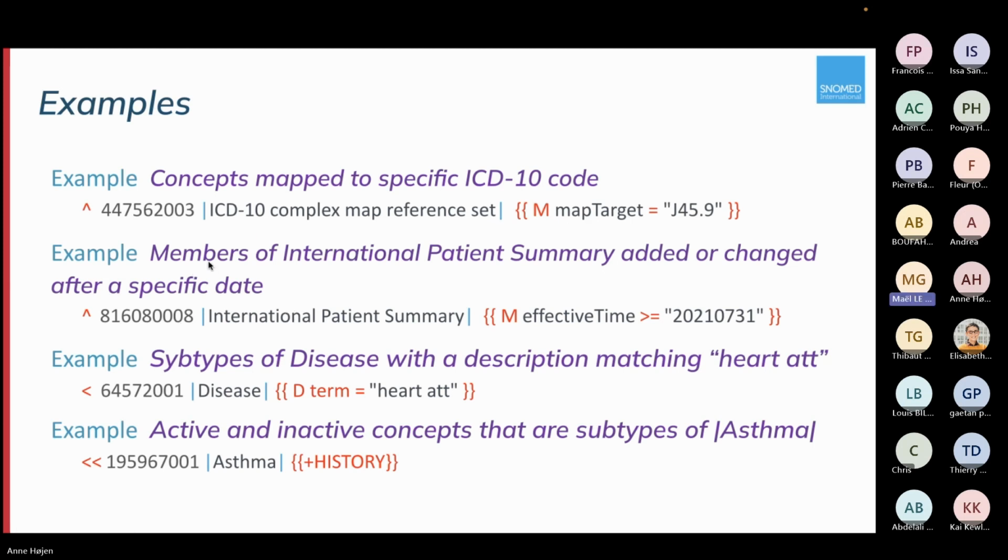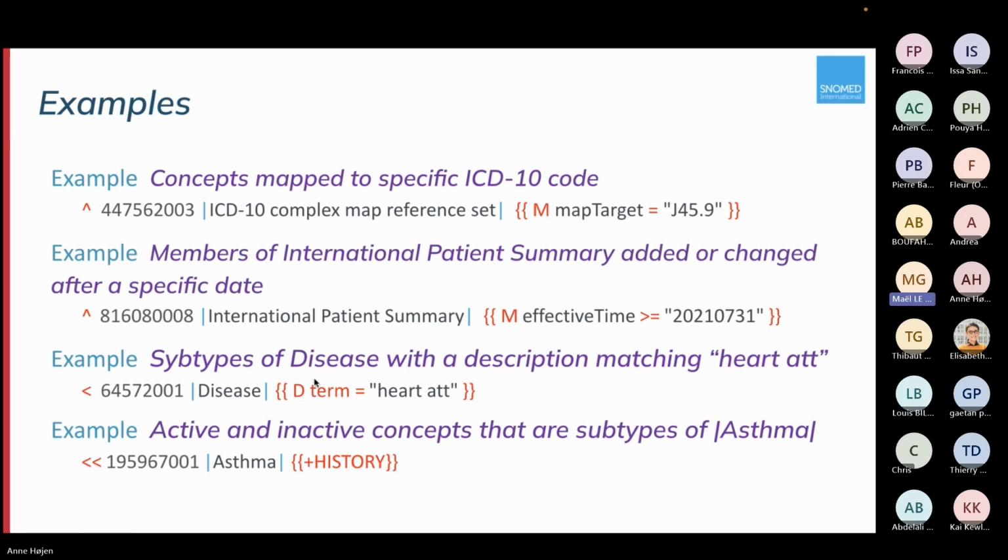We can also get all the members of a subset that has been added or changed after a specific date using the effective time. So with these filters, it requires us to understand the headers used in those map reference sets or reference sets.